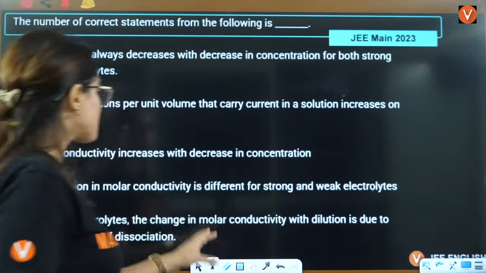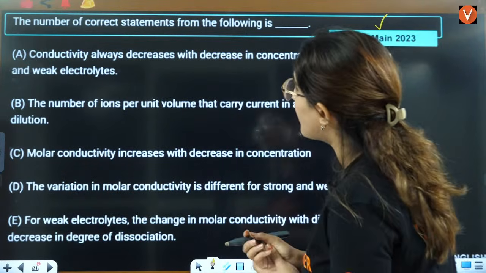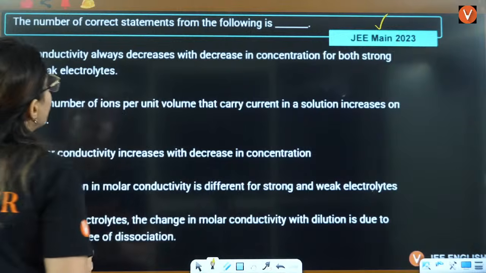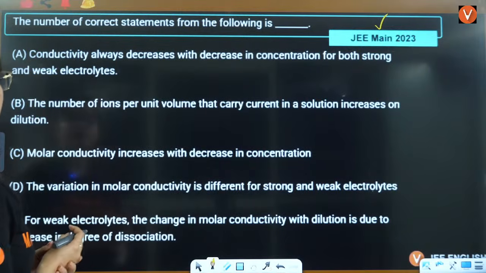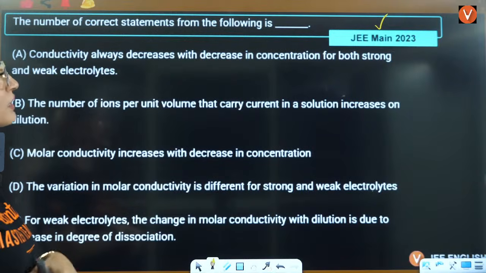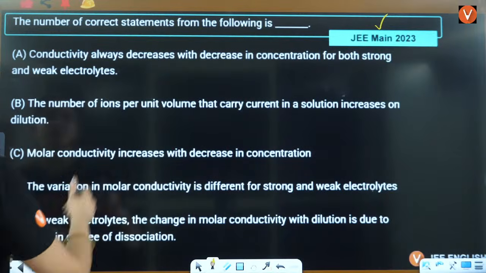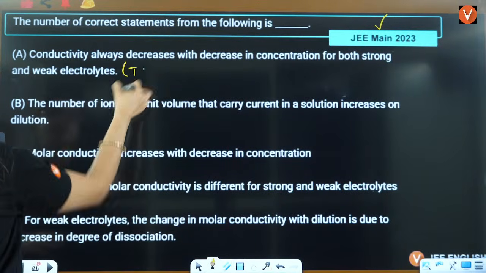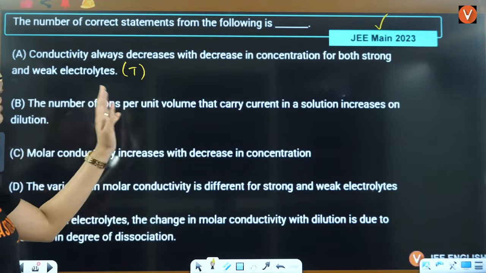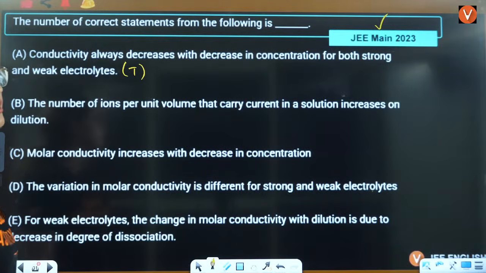Next is a 2023 question: the number of correct statements from the following. You have to tell the number of correct statements. Conductivity always decreases with decrease in concentration. Yes, we can say that for both strong and weak. Number of ions per unit volume that carry current in a solution increases.